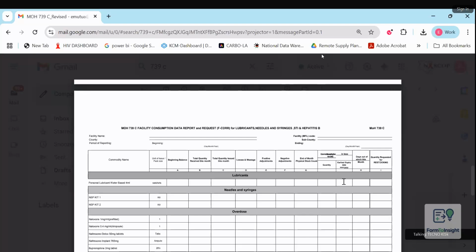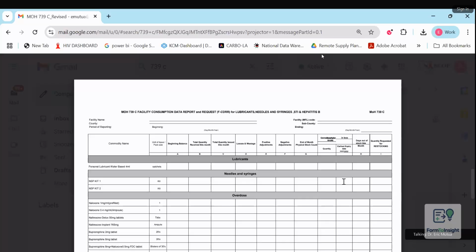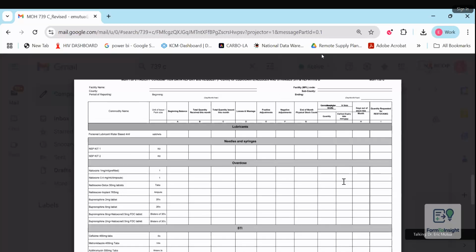And then we have the quantity required for restocking. So we have the needles and syringes, that is the NSP1 and NSP2. I know if your facility does not have any of these, you should just put it as 000. And then we have the overdose.